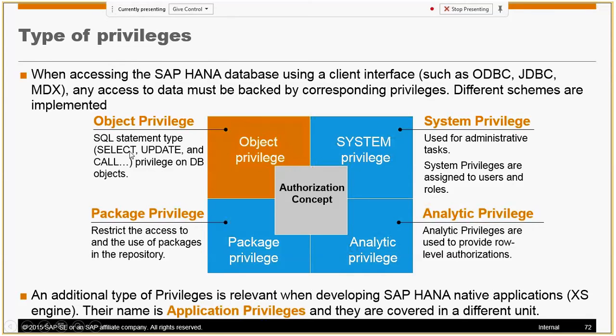And then you have to specify the statement type or the action that a user can execute on that particular object. Obviously, depending on the type of object, you have different types of actions. For example, I can execute a stored procedure. I cannot execute a table. I can only select from a table. So the types of actions are different depending on the object.